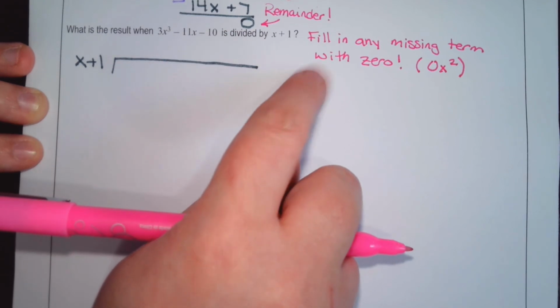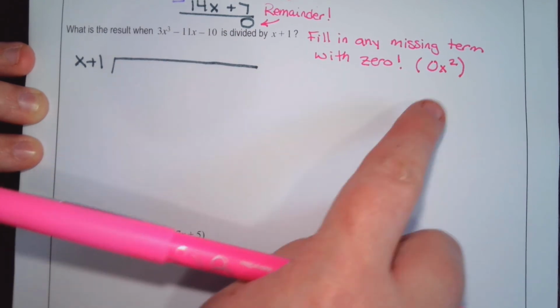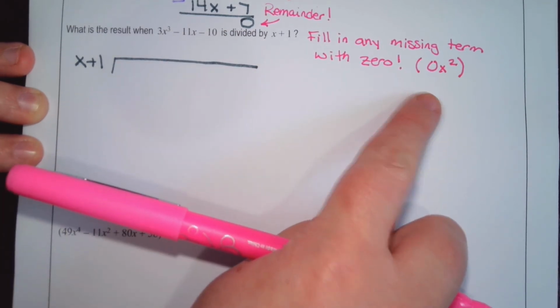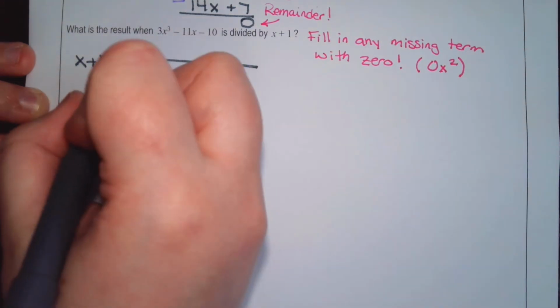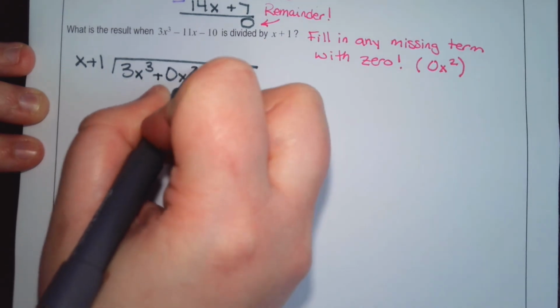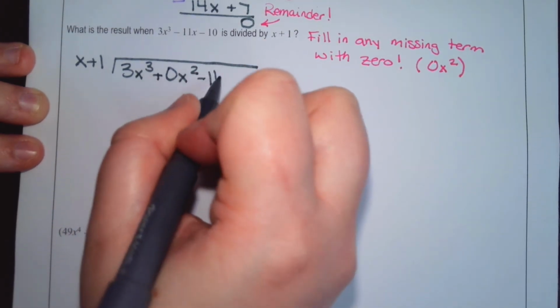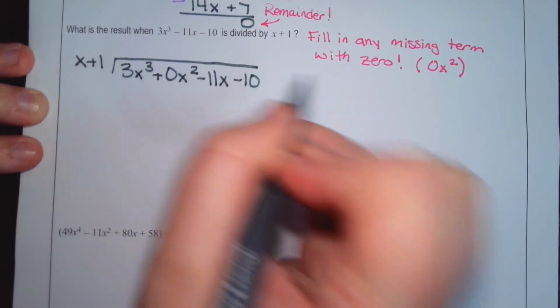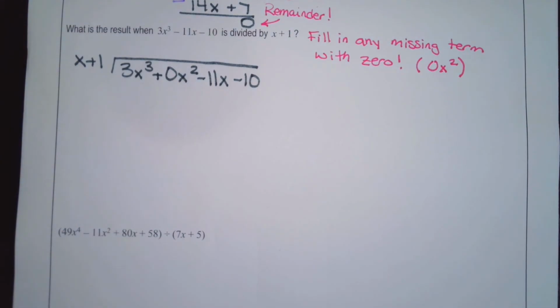So anytime you have a missing term, it needs to be filled in with a 0. So we have 3x cubed plus 0x squared minus 11x minus 10. Once you have it filled in, now we're just going to divide how we've been dividing.